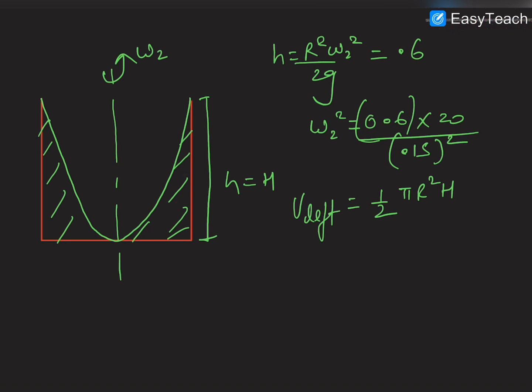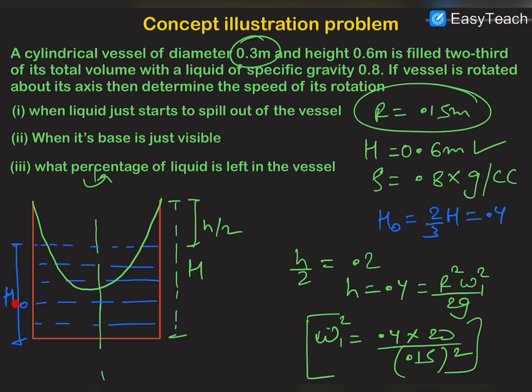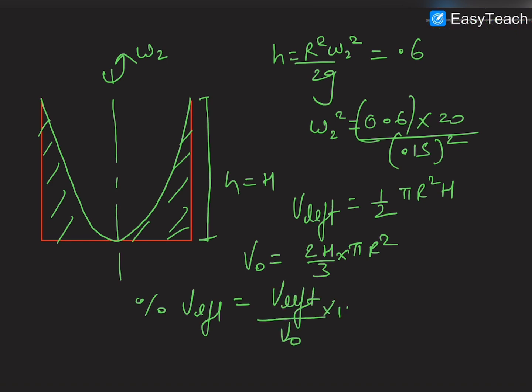And the original volume V naught was equal to h naught, which is 2h by 3, into pi r square. So the original volume was 2h by 3 into pi r square. So the percentage of volume left in the container will be volume left upon total initial volume into 100.